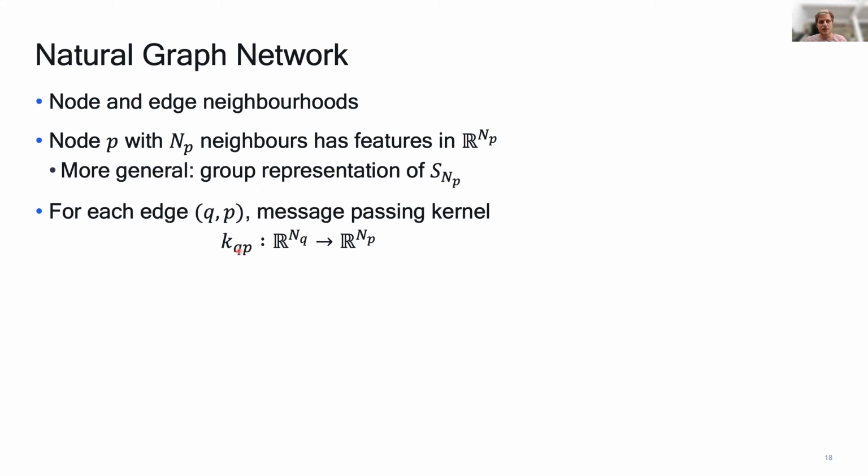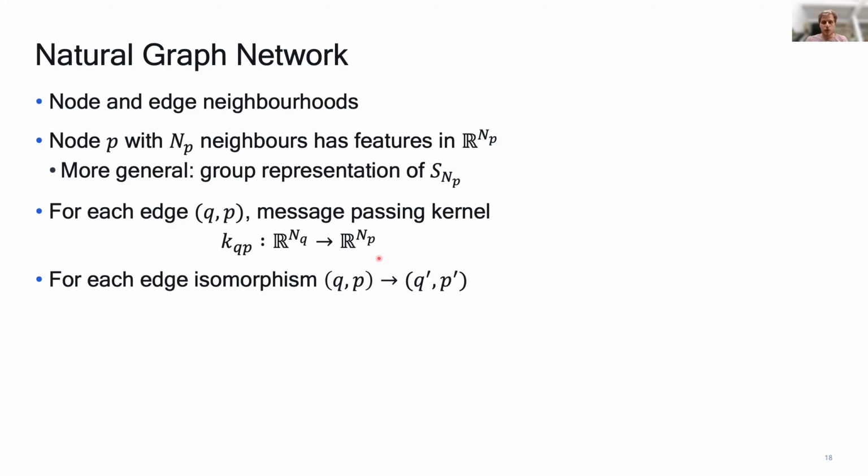Then for each edge, we have a message passing kernel, so a matrix that maps from the input node to the output node of the edge. And note that this is important because we could have a different matrix for every different edge. So it's very different than in a graph convolutional network that uses the same matrix on each edge. Here we can potentially have a different matrix on each edge. But there are constraints in order to achieve equivariance.